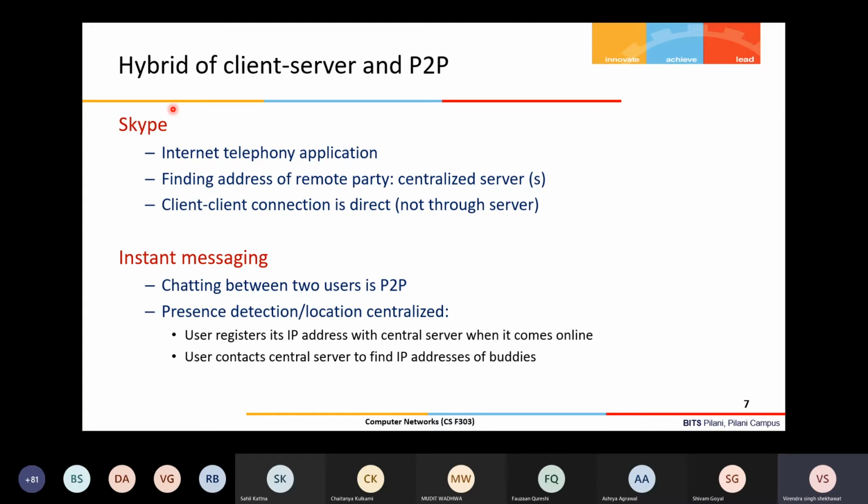Some authentication happens on the centralized server, as in a chatting application. The initial authentication and getting your friends list happen through a central server.